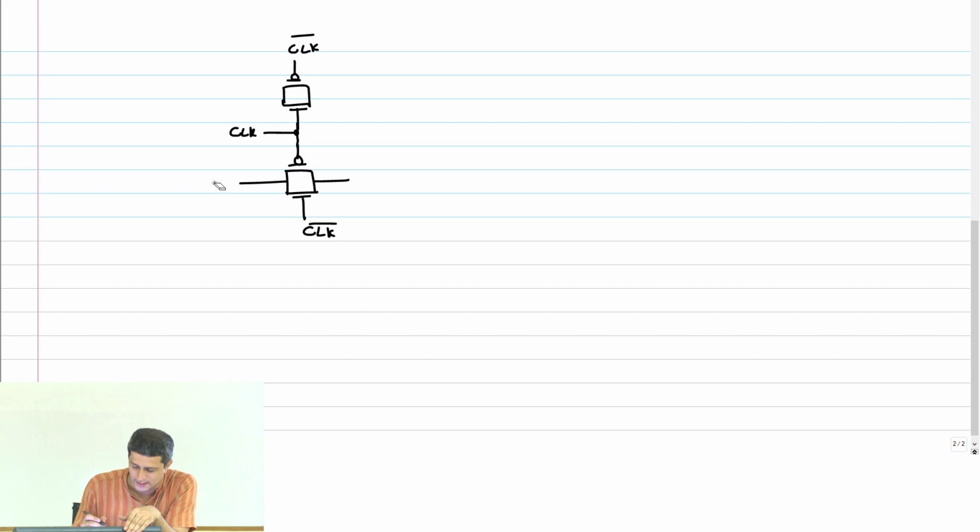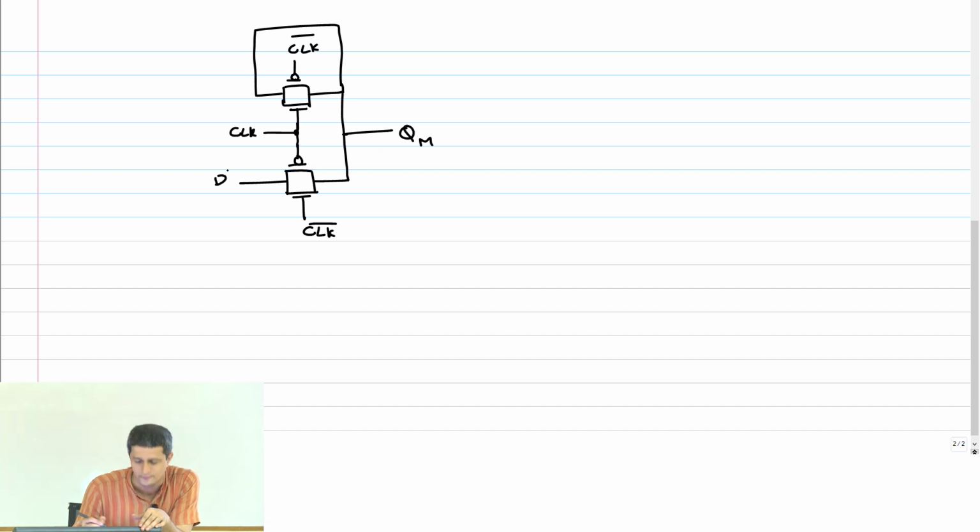Okay, and then we said that you cannot just have transmission gates. Let me explain that once more because there was a question last time. We connect this like this, QM and D. Suppose I ask you what is the delay of this flop, setup time, or what is the clock to Q delay.